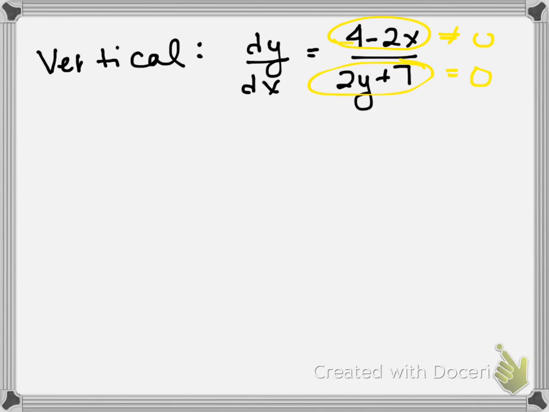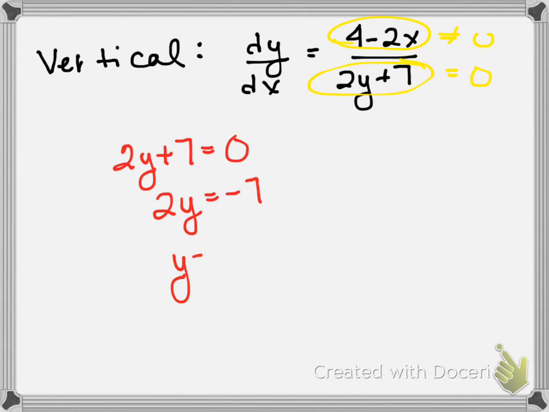Remember, if we were to get 0 over 0, that would be an indeterminate form, and that means that we might have had a hole or something else. So 2y plus 7 equals 0 means 2y equals negative 7, or y equals negative 7 over 2.